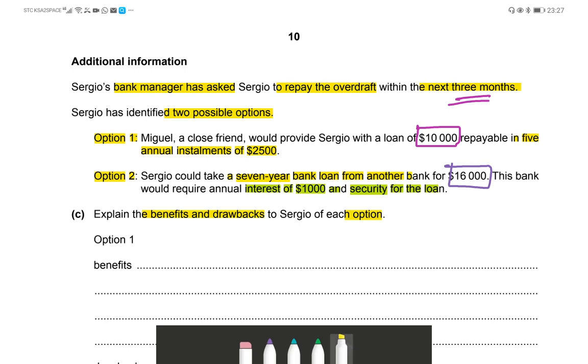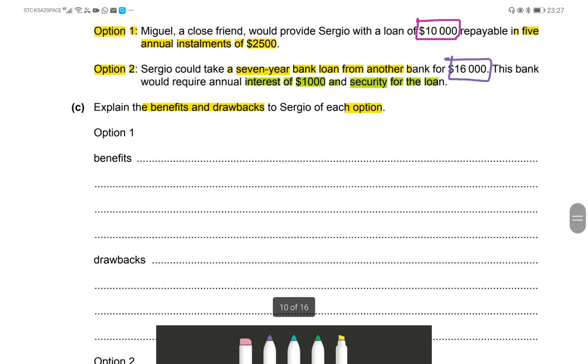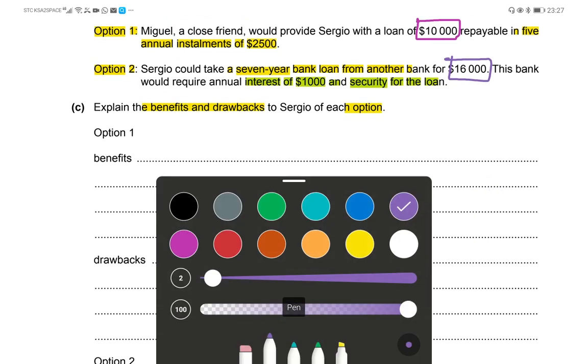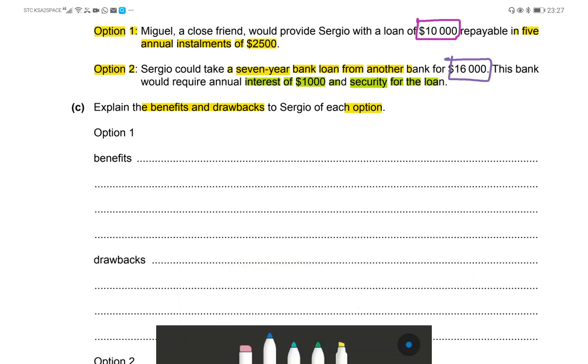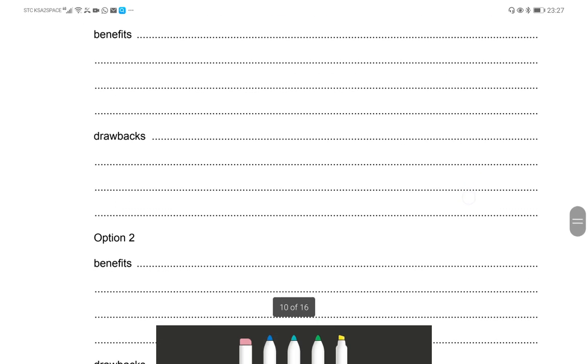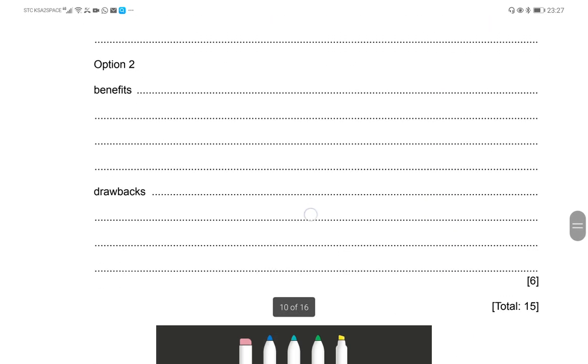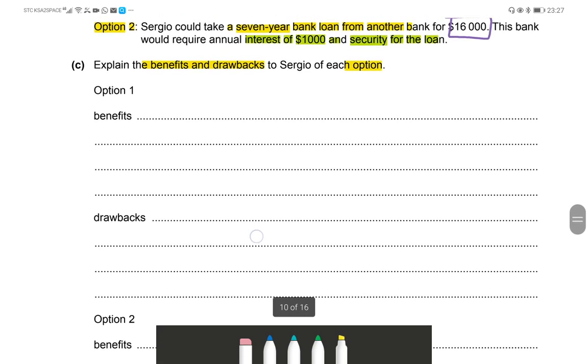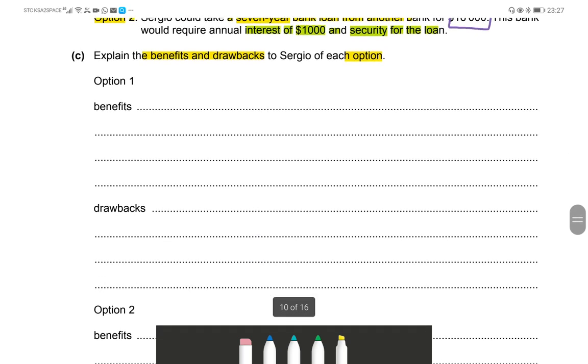So option 1 we can do. Option 1, benefits. What is the benefit? No security required, right? They are asking to explain benefits and drawbacks. How many marks is the question? 6 marks. So we have to write 3 marks for option 1, 3 marks for option 2.